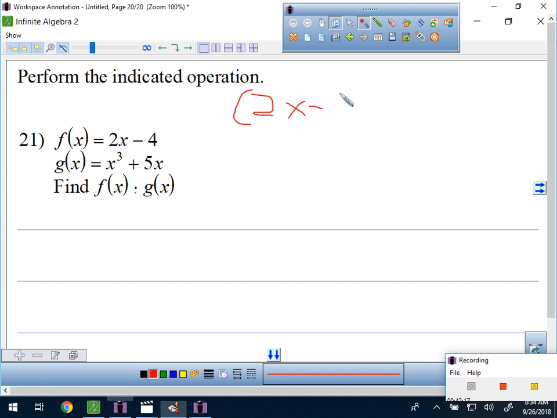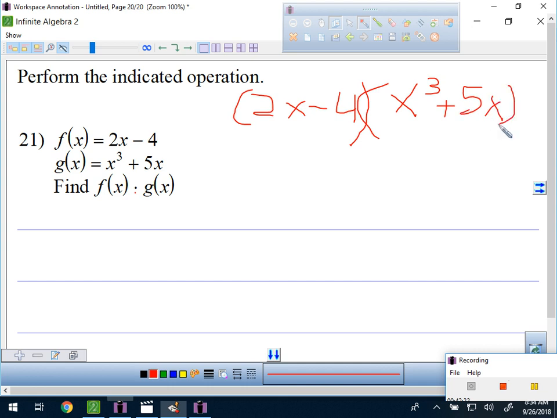So you're going to get 2x minus 4, and then you're going to multiply that by x cubed plus 5x. And guys, to save time, because I'm having to use this pen, the mouse is really bad.